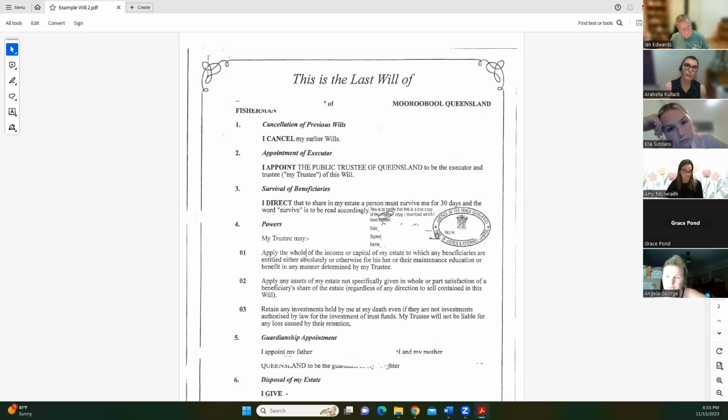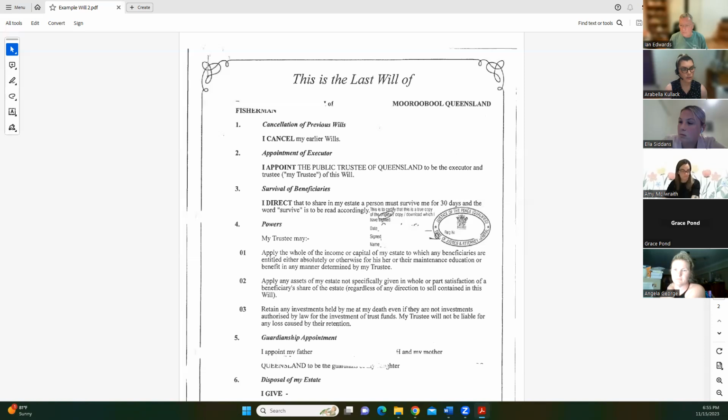So if, for example, a person has quite complex affairs, or we need further instructions to ensure that the will fully meets its requirements, we might do what's called a stopgap or an interim will, which, as Ella said, is often quite simple, and it really just covers the will maker for the time between providing those initial instructions and then being provided with the finalized detailed draft that fully addresses their estate planning needs.